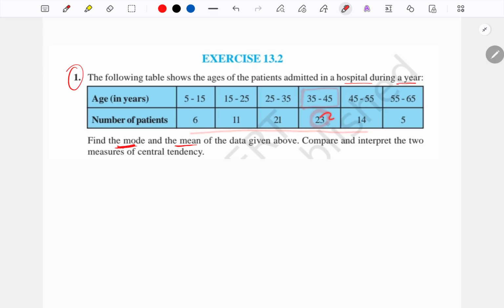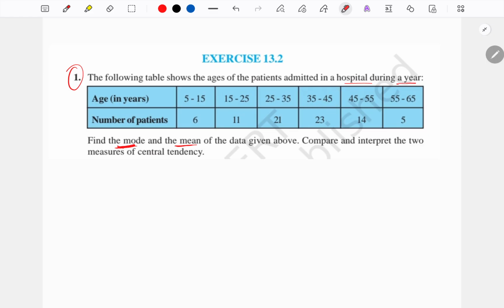Remember this. The modal class is the one which contains the highest frequency. See, this class 35 to 45 contains the highest frequency 23, and all the other frequencies are smaller than this 23. So in this case the modal class is 35 to 45.